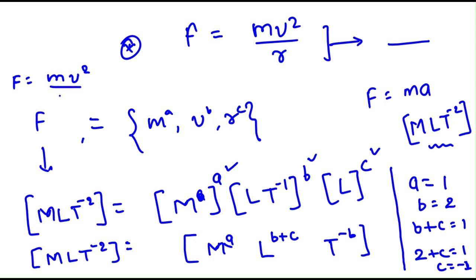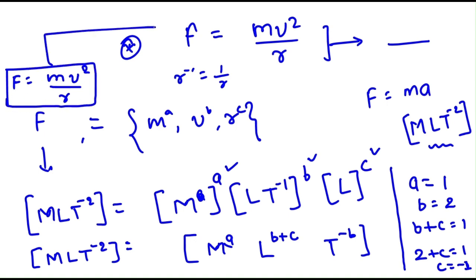We can write it as divided by r, as r to the power minus 1 can be written as 1 by r. So this way we can obtain this formula.